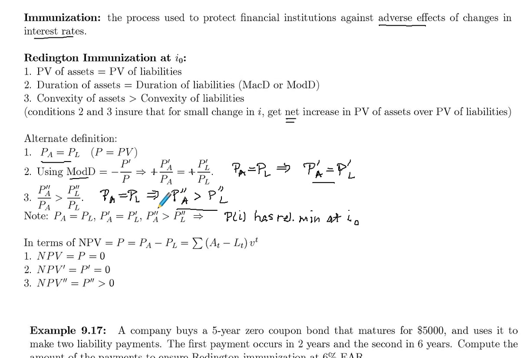Actually, the net derivative is 0 here, and the net concavity is greater than 0. So if your derivative is equal to 0, then you've got a horizontal tangent, and if your concavity is positive, then you've got a minimum. That's actually the second derivative test that they're using there.